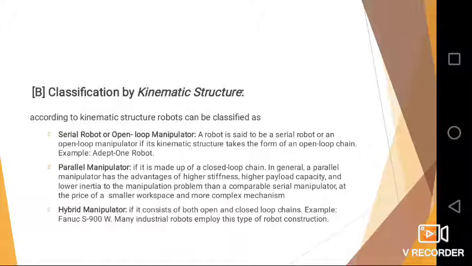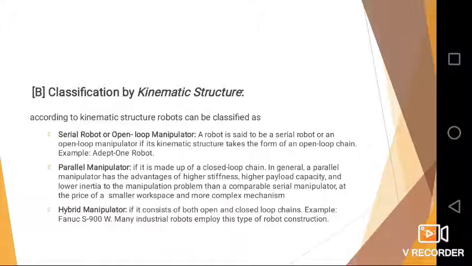In general, a parallel manipulator has the advantage of higher stiffness, higher payload capacity, and lower inertia to the manipulation problem than a comparable serial manipulator, at the price of smaller workspace and more complex mechanism.